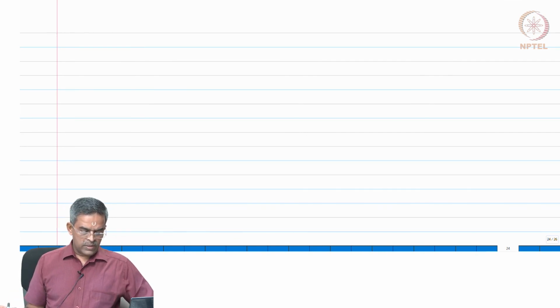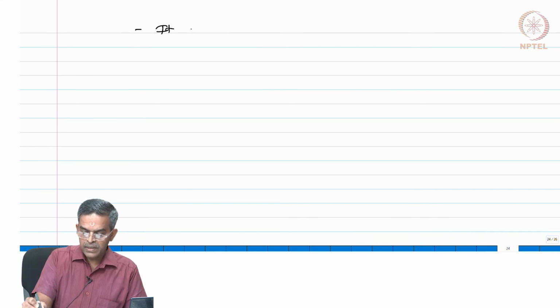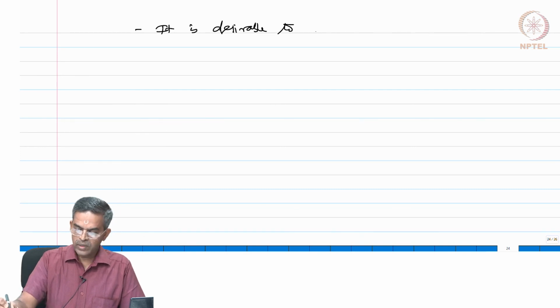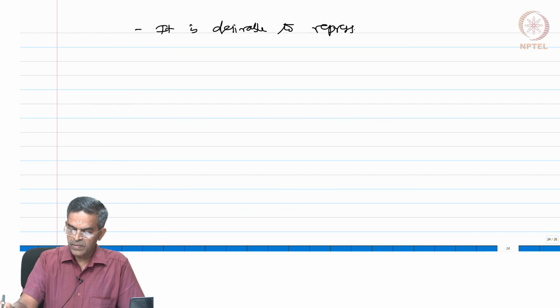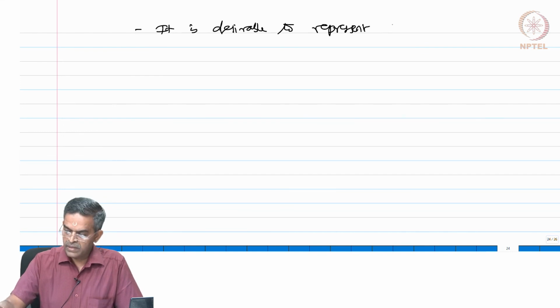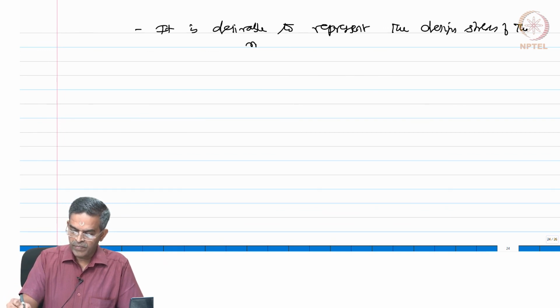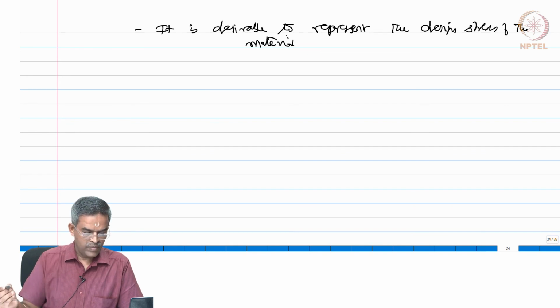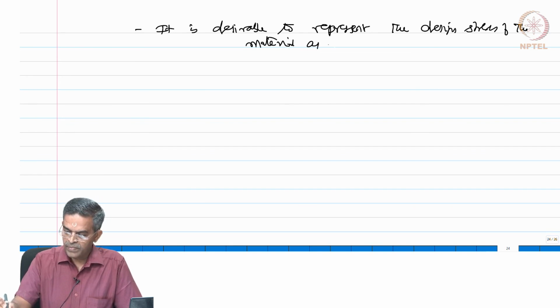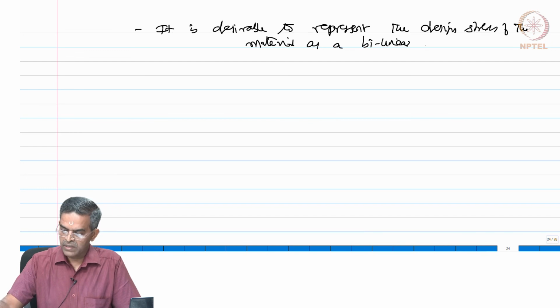So, what we do is, it is desirable to represent the design stress of the material as a bilinear stress strain curve.